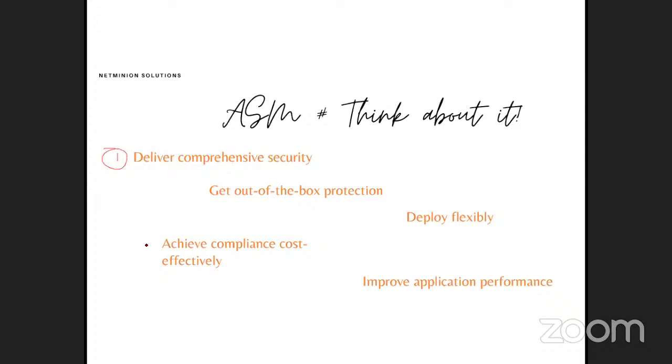Then we can see that it helps achieve compliance and is cost effective. This particular product suite, ASM, is equipped with a set of pre-built and certified application security policies. Big IP ASM gives you out-of-box protection for common applications like Microsoft Outlook Web Access, Oracle, and Microsoft SharePoint.